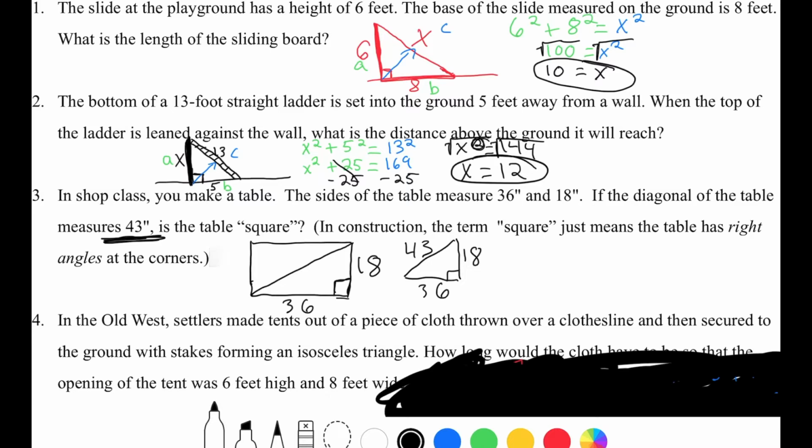And that would make this table square in terms of construction class. Well, we need to check. Let's see if we truly get 43 if we use the theorem to find our hypotenuse, or our C.